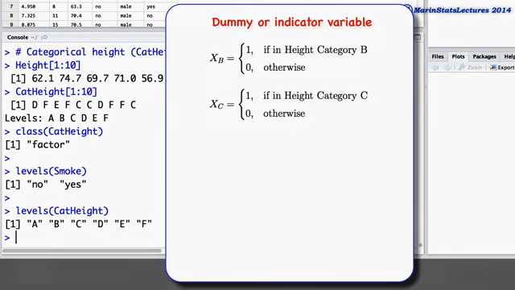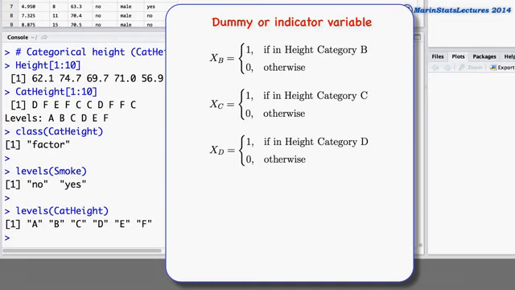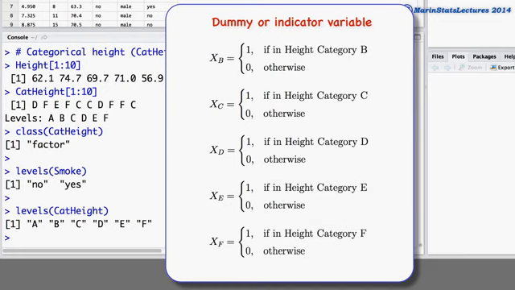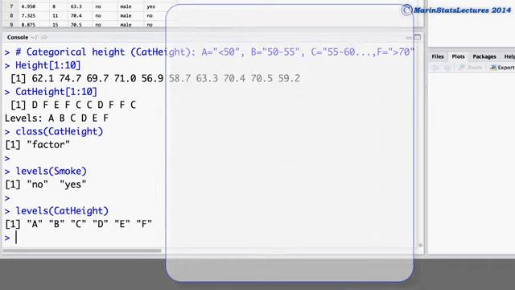We can create another dummy or indicator, we'll call this xC, and we'll set this equal to 1 if the individual is in height category C and 0 otherwise. We could also create indicators xD, xE, and xF, indicating categories D, E, or F. You can notice that height category A is serving as our reference or baseline group.